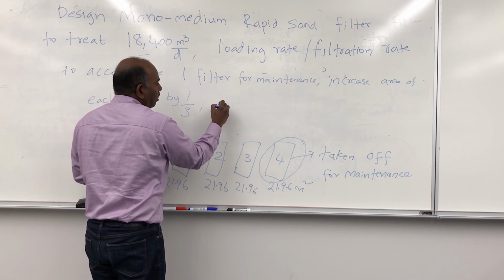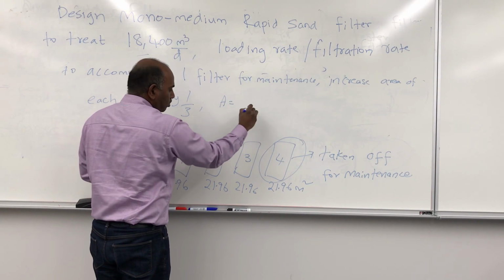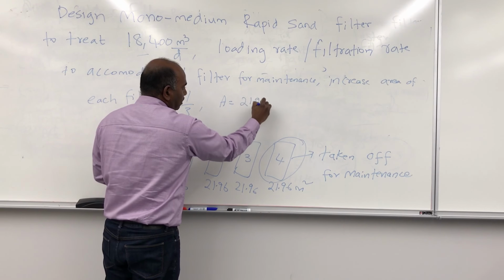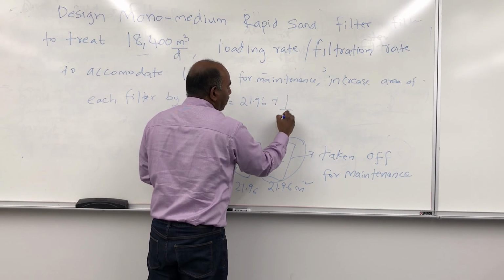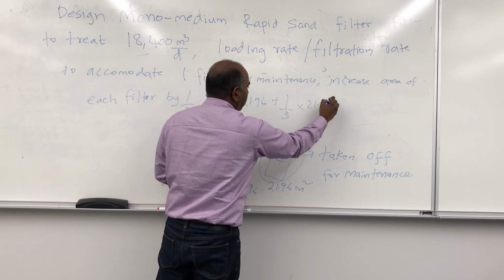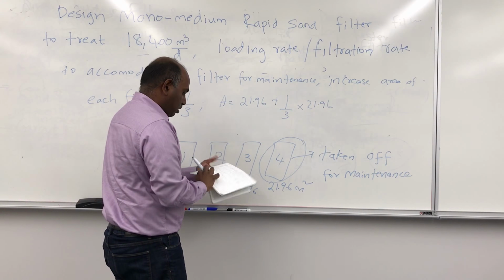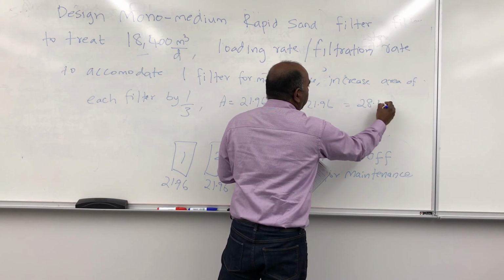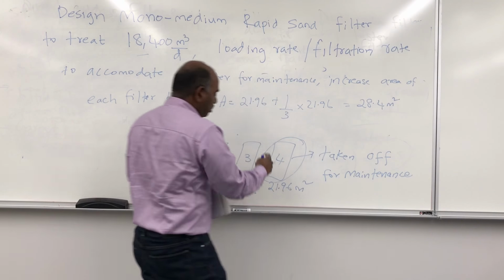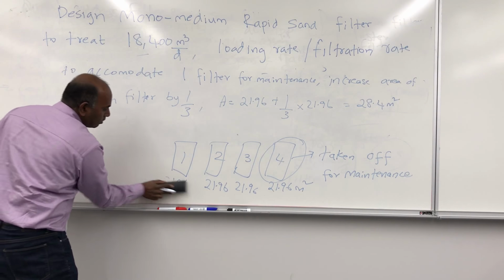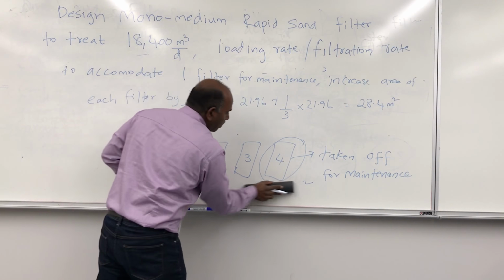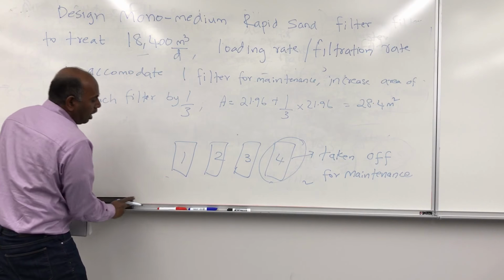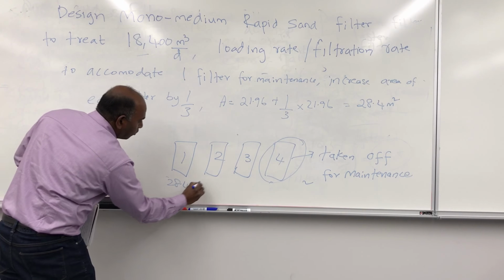So now area equal to 21.96 plus 1 by 3 times 21.96, and that number is 28.4 meters square. So now all the 4 filters will have 28.4.